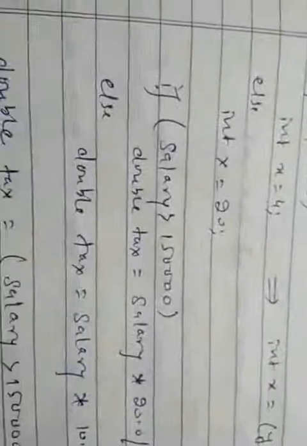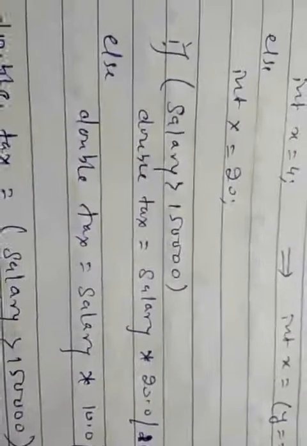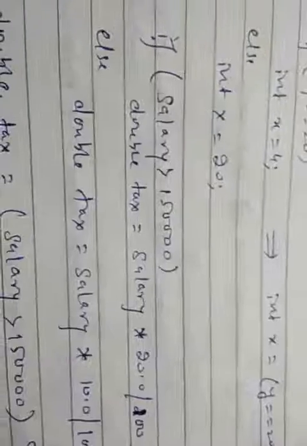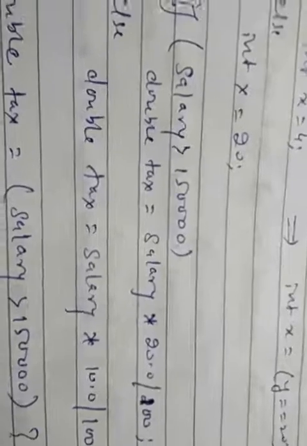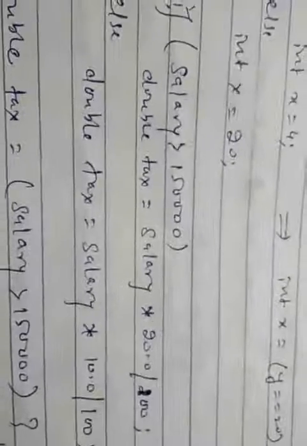Now one more example is here. The first portion is the if else. If salary is greater than 1,50,000, then tax will be 20% of salary, otherwise the tax will be 10% of salary. Now we are converting this if else statement into a ternary statement.